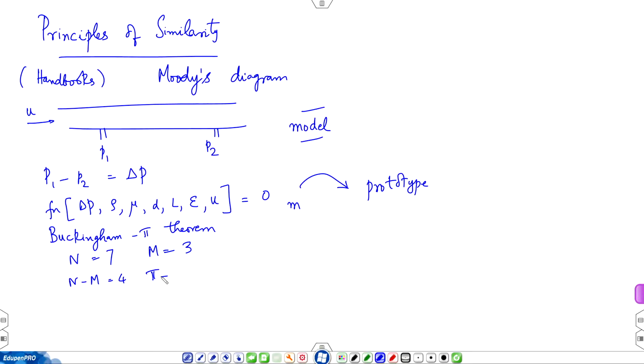Well, Buckingham in his original paper used the symbol pi. So, we continue to use pi. These are called pi parameters.